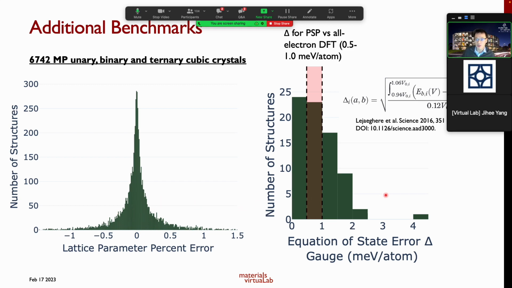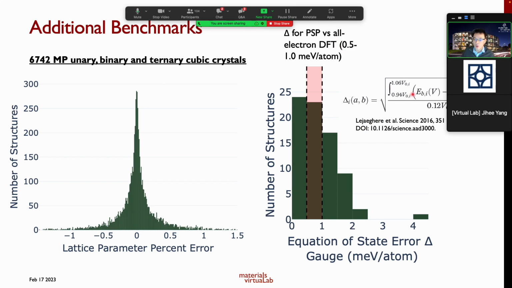Okay, you can also calculate what is called the delta gauge. This is something that was come up with by Jahe, who looked at the differences between, say, a pseudopotential code and an all-electron DFT, and he was essentially looking at the errors in the equation of state, okay?